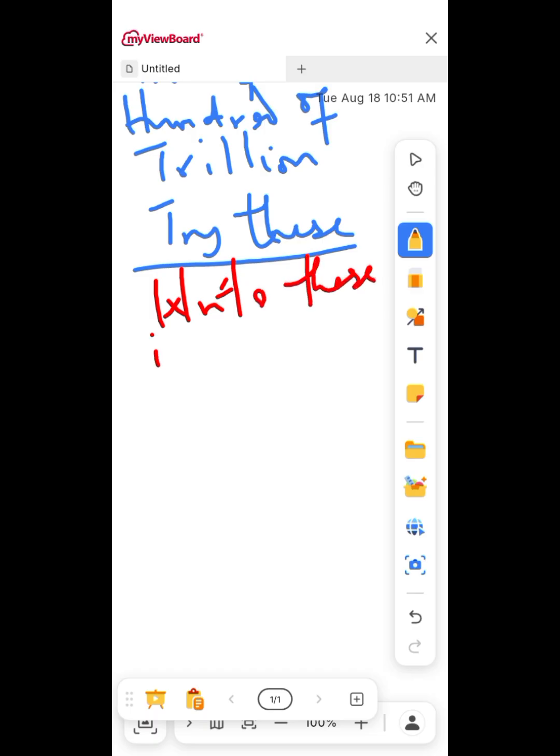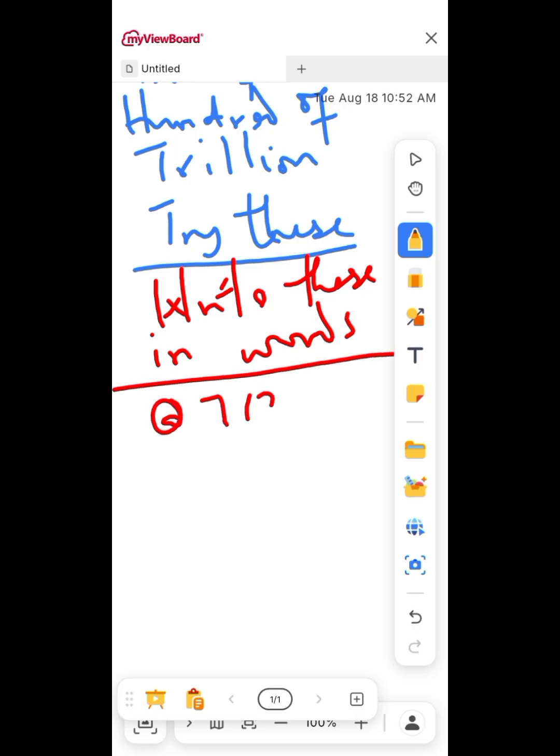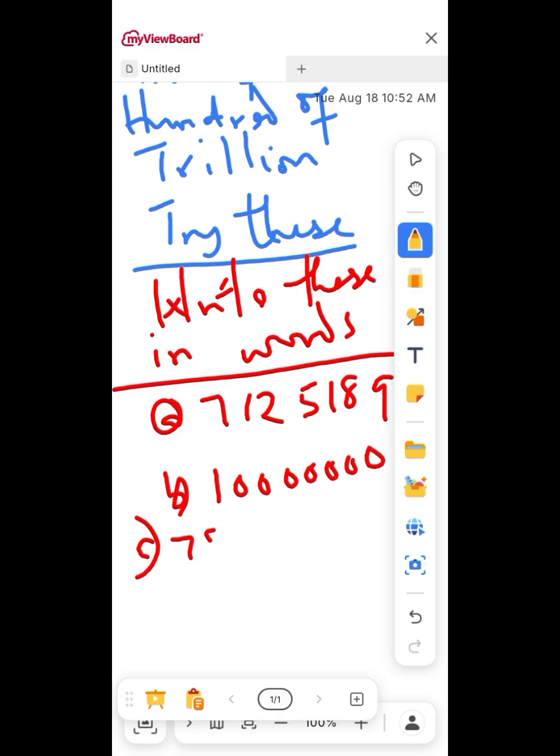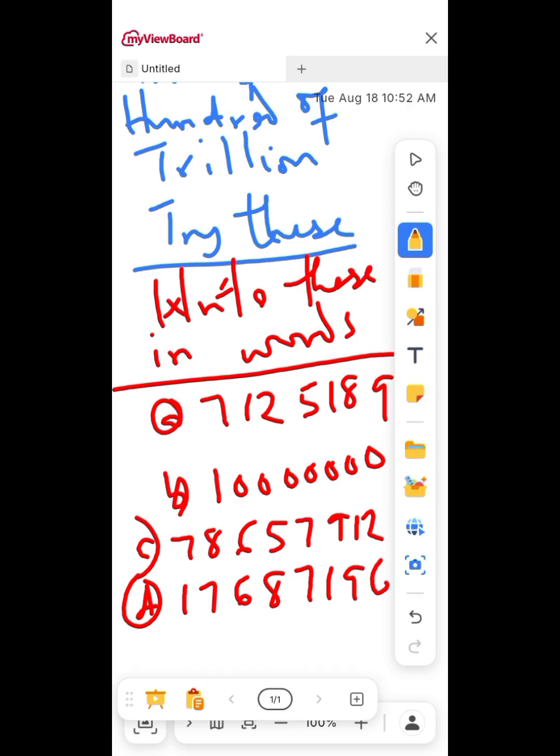We have 7125189, 1000000, 78657912, 1768796, and 759142860.